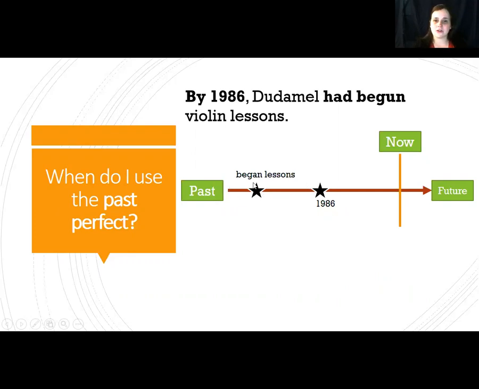But this shows us that he started learning to play the violin before this point in the past. These are both events in the past. It's just a way to show when Dudamel started violin lessons. He started them before 1986. We don't know exactly when, but we do know that it was before 1986.